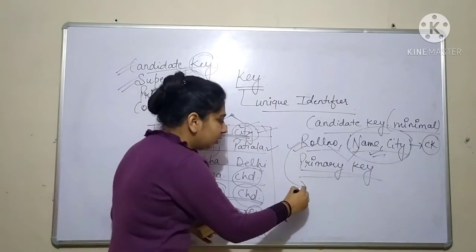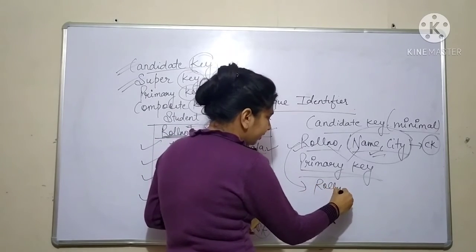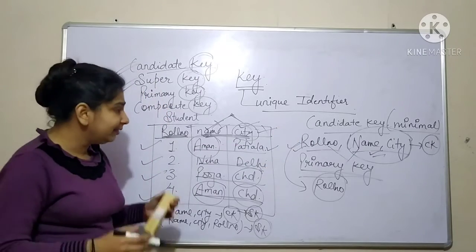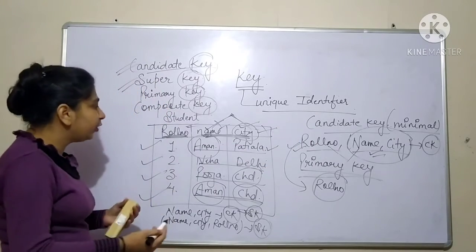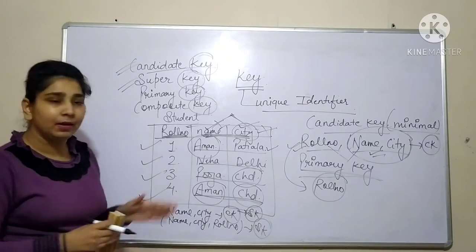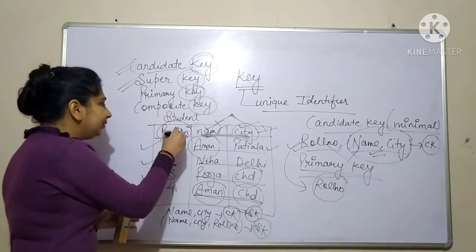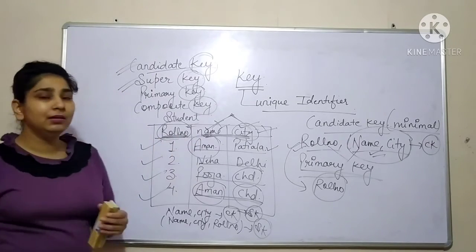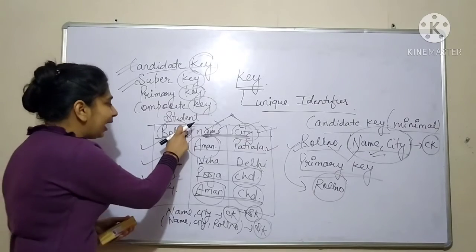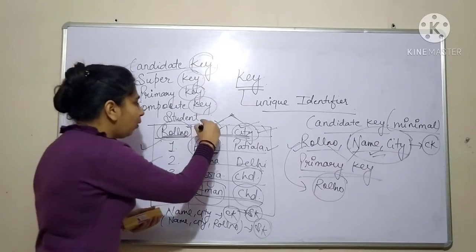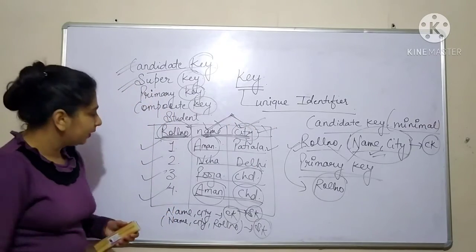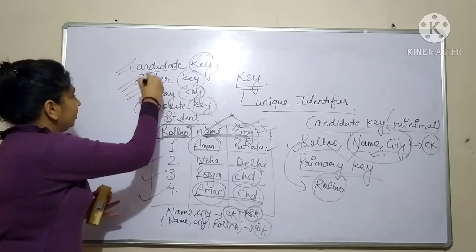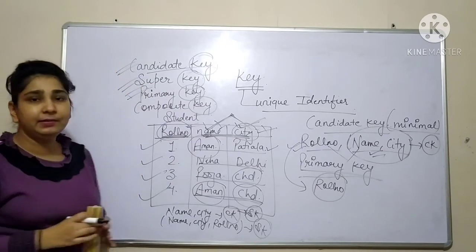But I will be using roll number as the primary key because roll number has fewer attributes, using roll number as the key attribute, with the help of which you would be determining all the other attributes of your table. So I hope that you are clear with primary key, candidate key and super key.